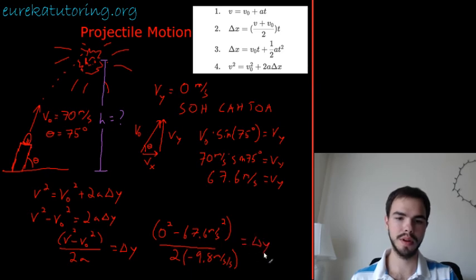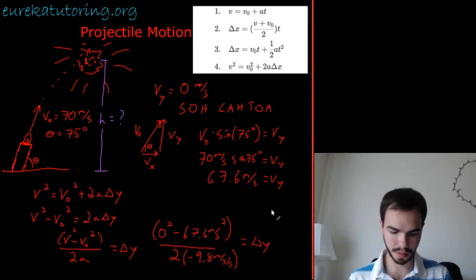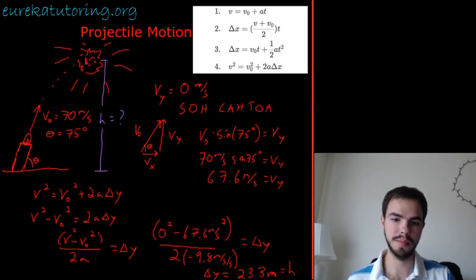That's going to equal our delta y. If we solve that, we get delta y equals 233 meters. So that's our h right there.